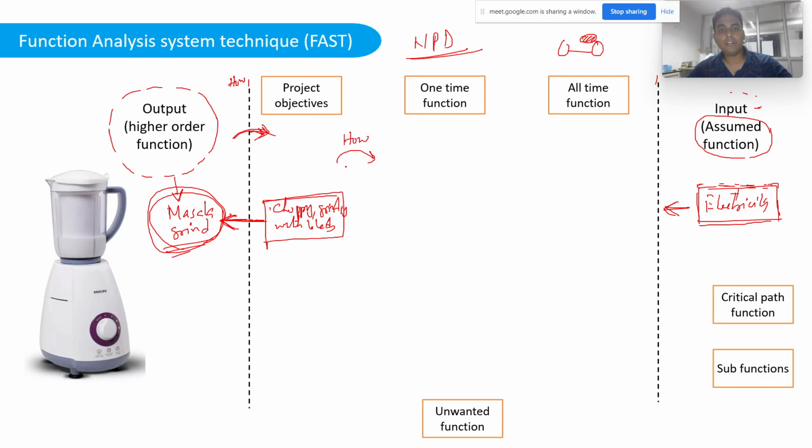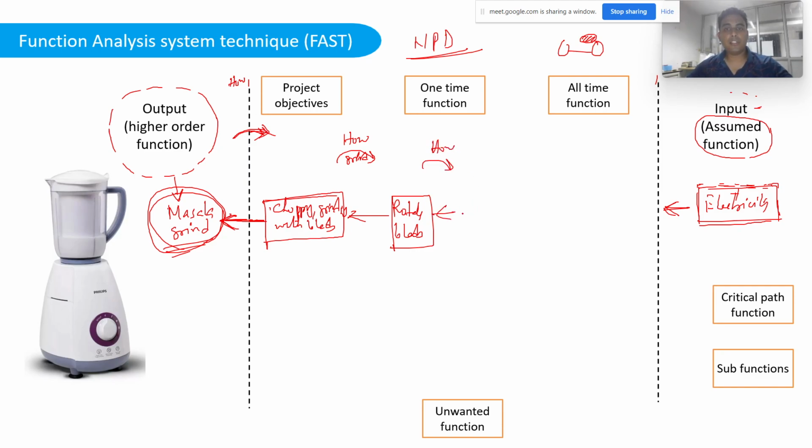You ask how multiple times. You ask how grinding, with chopping, and you say that you rotate the blades. Here we say grind with blades, we say rotate the blades. Next, ask again how rotate.